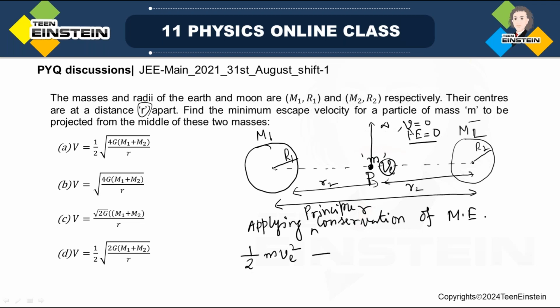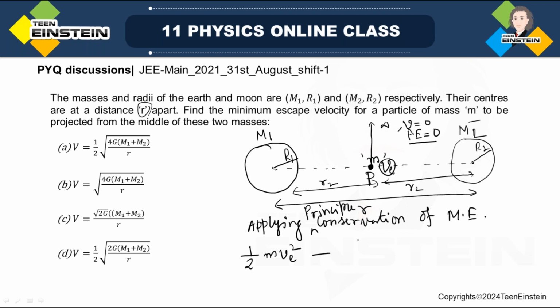Here there are two objects: Earth, which can pull the mass towards its center, and Moon, which can also pull it. There will be potential energy due to both of them.